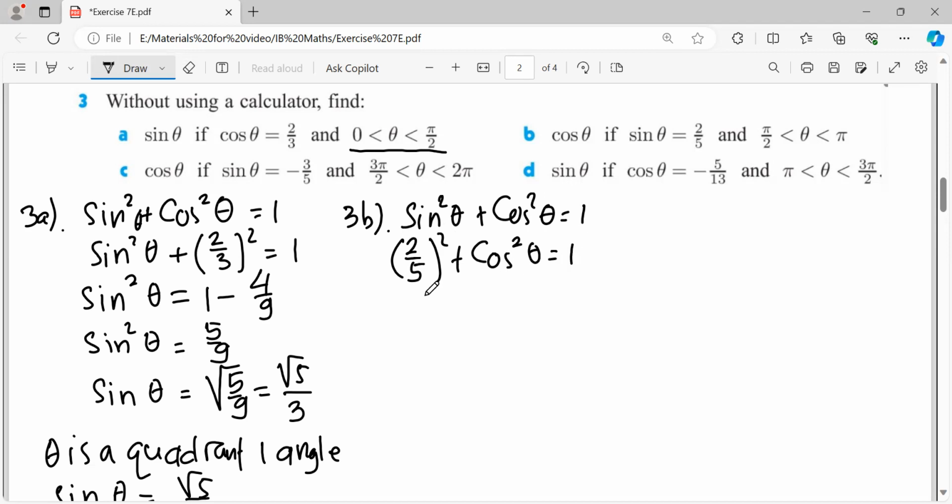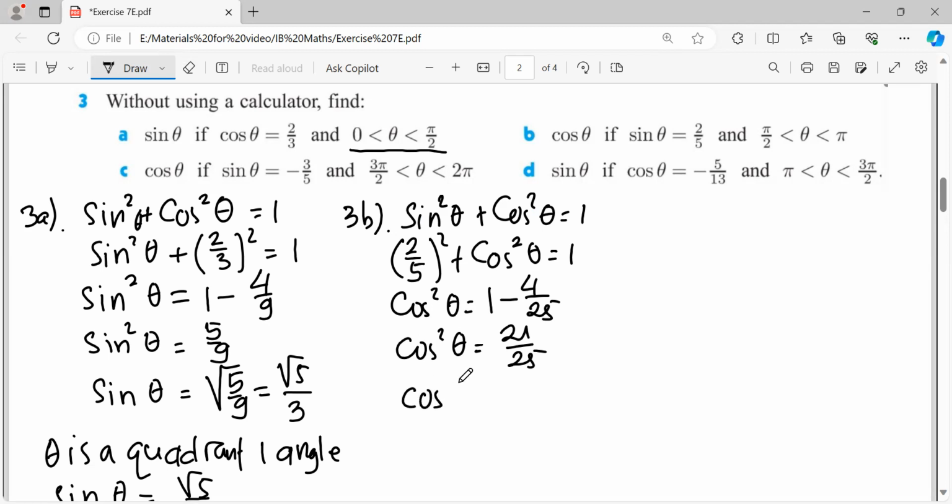We're going to find cosine theta. So cosine squared theta equals 1 minus 4 over 25, so cosine squared theta equals 21 over 25.